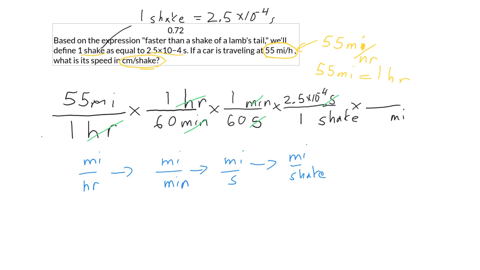And they're telling me that 1 kilometer equals 0.621 miles.